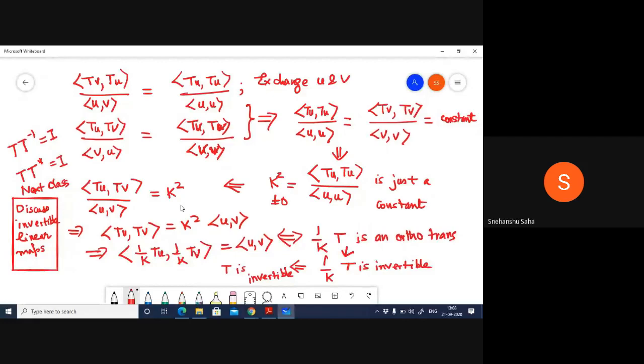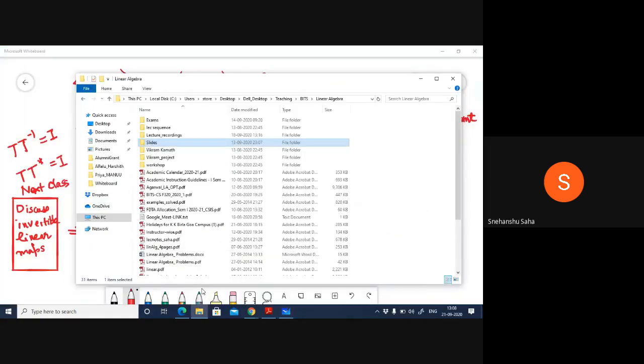Okay, all right, guys. What I expect for next class is, let me open this up. In chapter 3 of Sheldon Axler, your textbook, at the very end, there is a discussion on invertible linear maps.